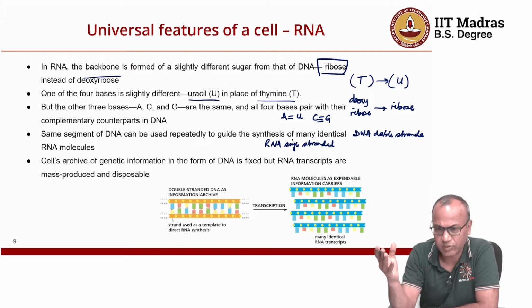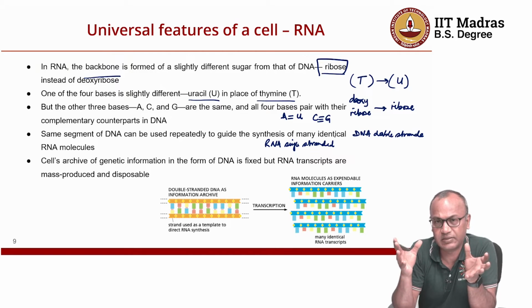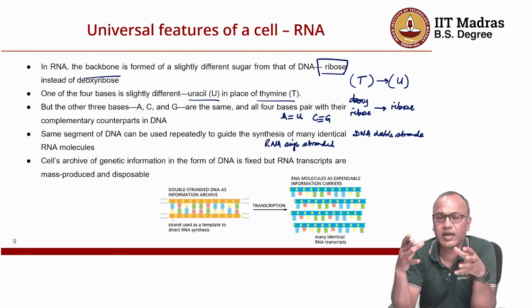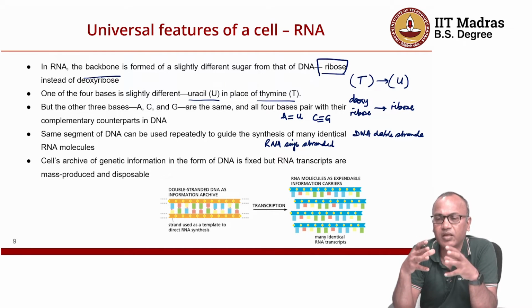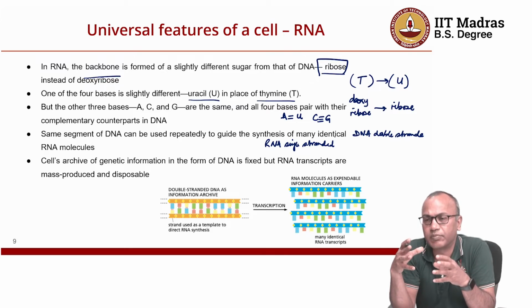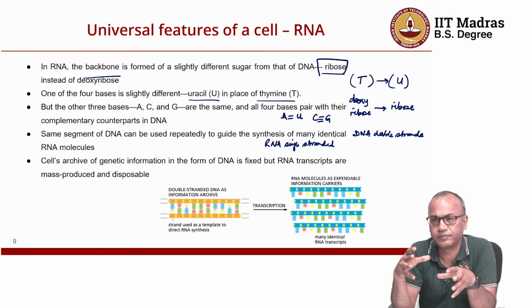So think about this. DNA is essentially your encyclopedia of all the information that a cell has. Now the cell has to produce or replicate some part of the information to do a certain function. RNA becomes a very useful intermediate molecule to read that particular information.